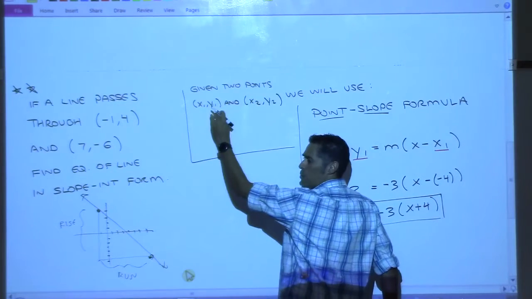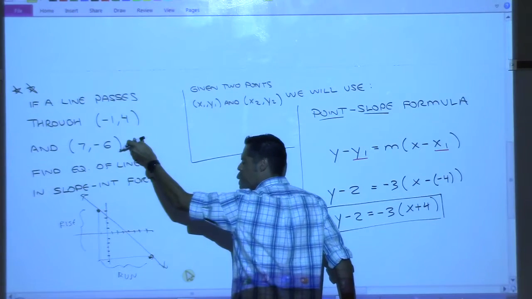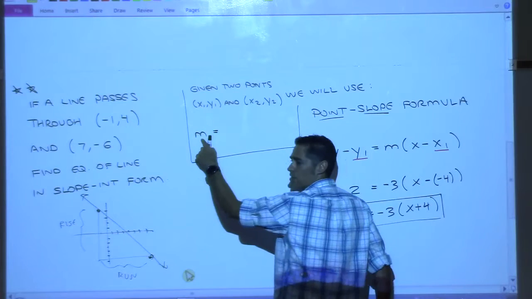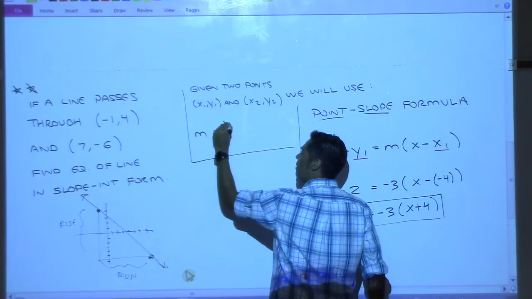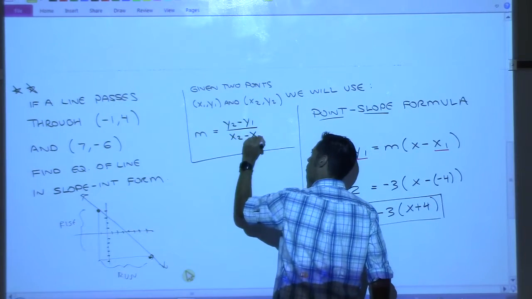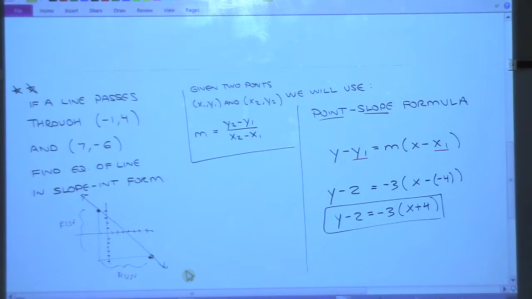So if someone gives you 2 points, x1, y1, x2, y2, then the slope, m, is always going to be y2 minus y1 over x2 minus x1. So it's the difference of the y coordinates divided by the difference of the x coordinates.